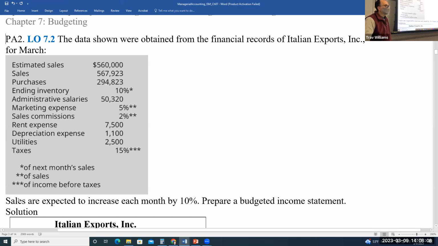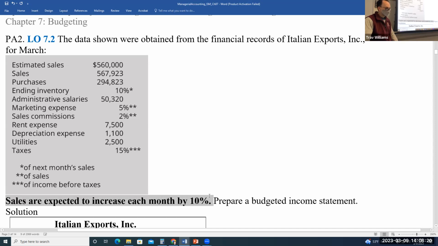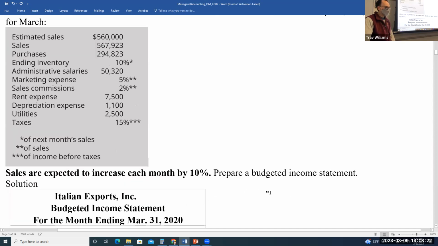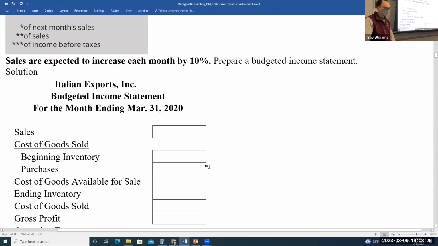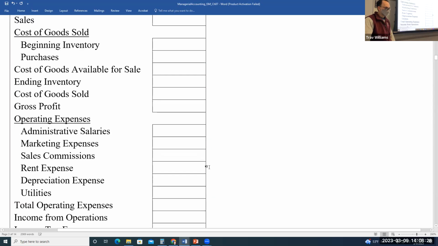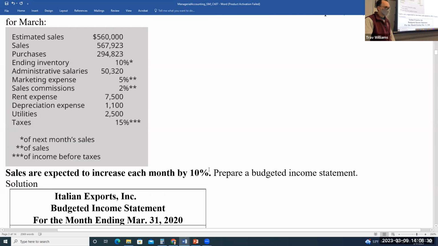This one's not too hard, but they do throw a couple twists in here. Sales are expected to increase each month by 10%. Okay, that's important. And we need to make a budgeted income statement. Okay. So it says the estimated sales are $560,000.